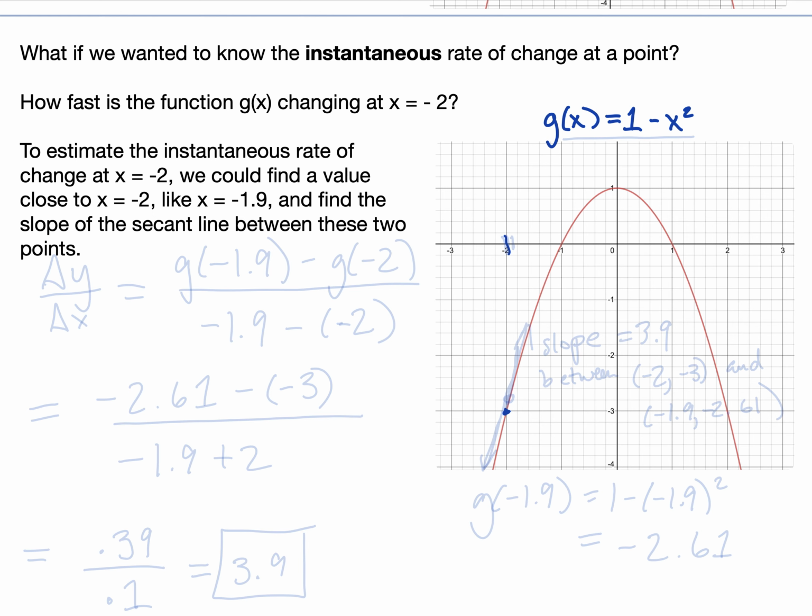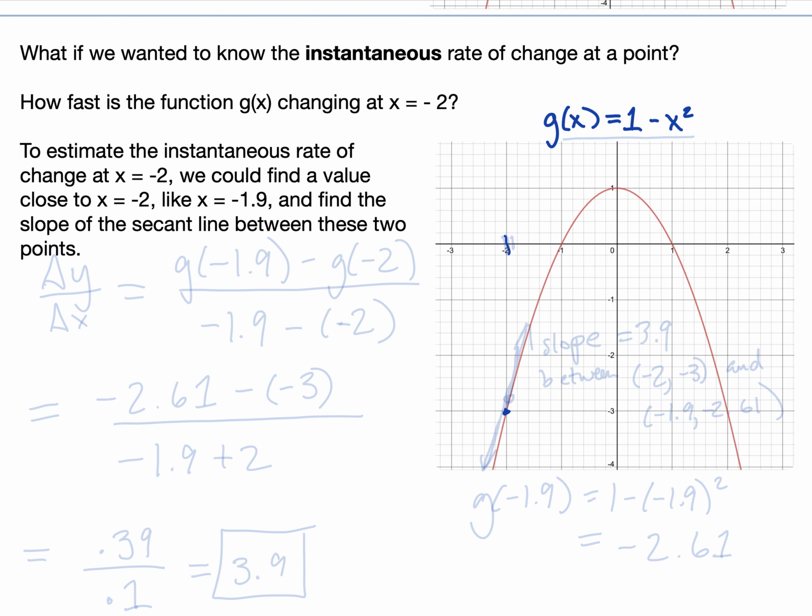So we could use the same method that we used for the average rate of change to estimate the instantaneous rate of change. Negative 1.9 was just chosen as a value close to negative 2, but we could have also used negative 1.99 or negative 2.1 or negative 2.01. That was just a choice that we made.